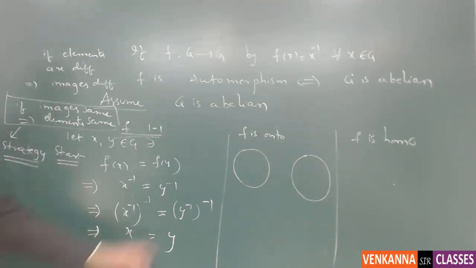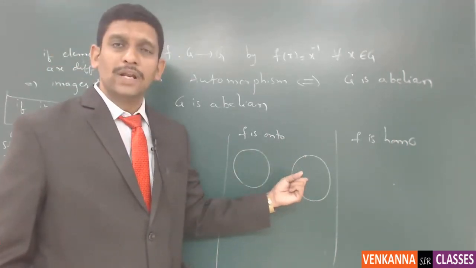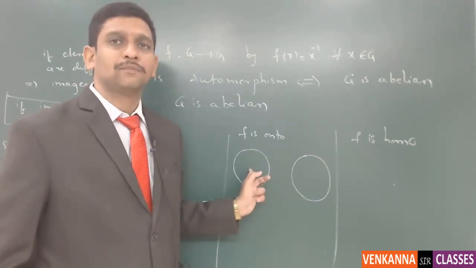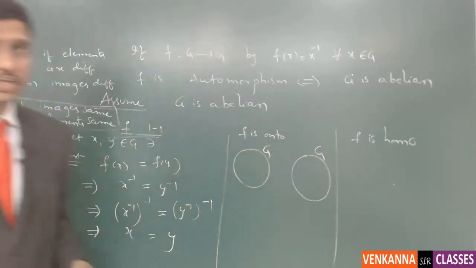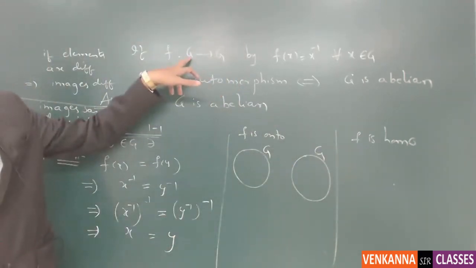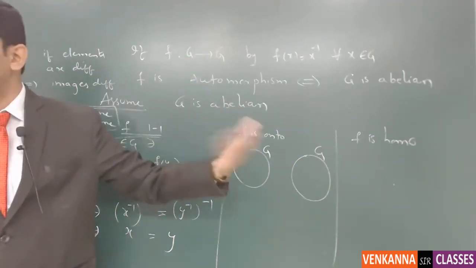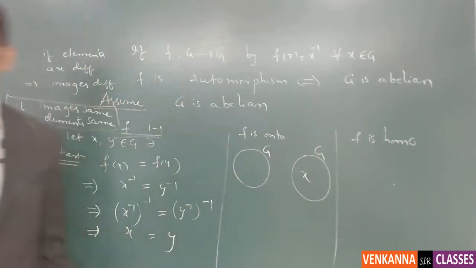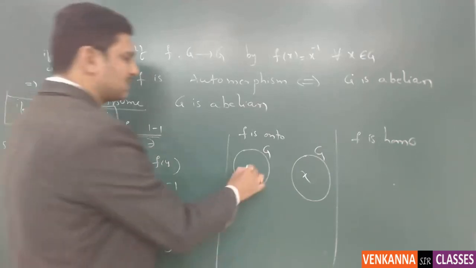Right. So for every element in the codomain, we have to find an element in the domain. Here we need to understand that the function is from G to G itself. So it is a function on the same set. If you take an element X in the codomain, the corresponding pre-image is nothing but X inverse.